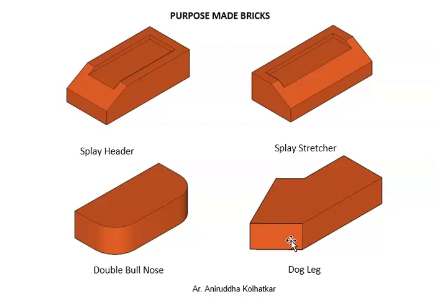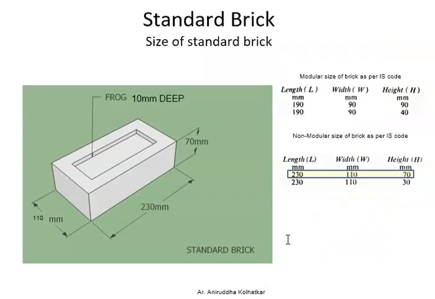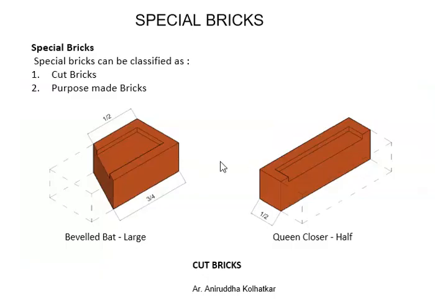So we come to the end of the first part of bricks. To quickly revise what we had seen: what is a standard brick. We had seen the IS code for different brick standards. Second, we had seen what is meant by special bricks. The special bricks are divided into two parts, cut bricks and purpose made bricks.